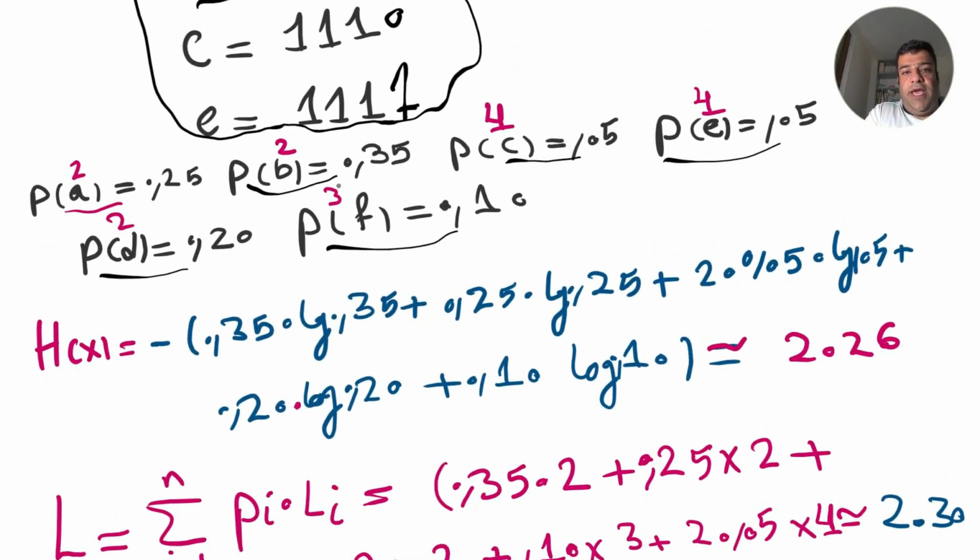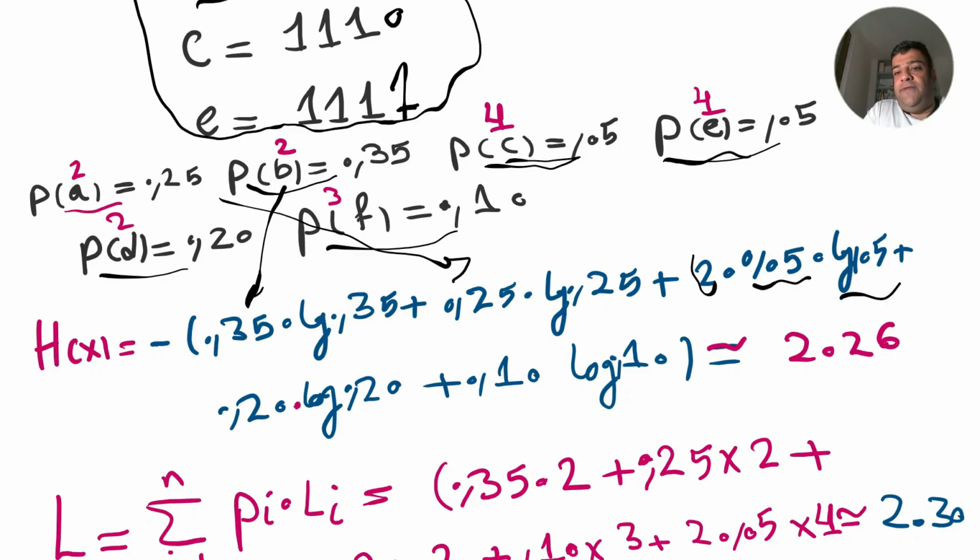I put B in here, 35% times log 35%, and also another one, 25% times log 25%. And because we have C and E with exactly the same probability, I put them in the same place, but times 2, and also another one, 20% times log 20%, and the last probability of F, 10% times log 10%. That is so simple.